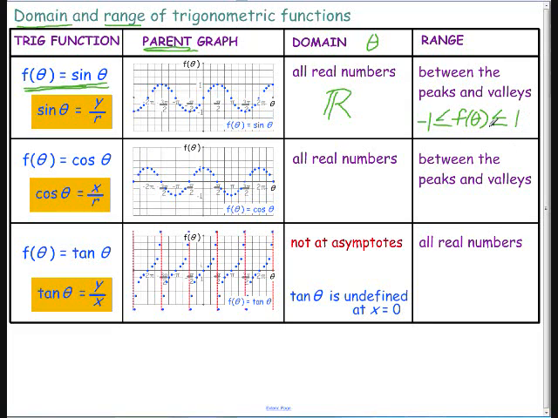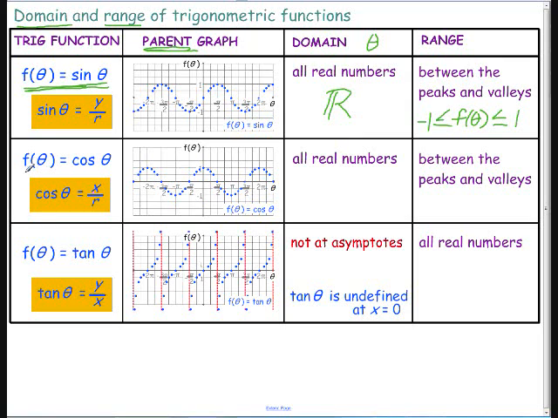Now we talked about this earlier, how a sine function can never be greater than 1. Well, there is a way we could make it greater than 1. I'll show you that later. We could put a multiplier on it. But the parent graph itself can never be greater than 1.